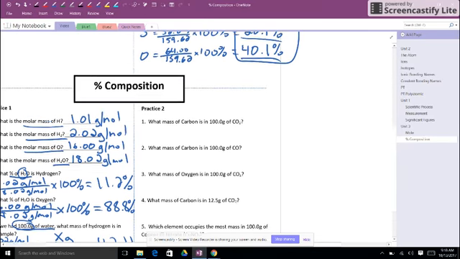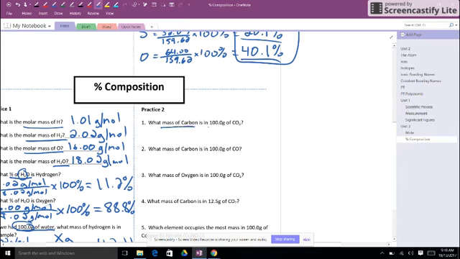Let's keep practicing. What mass of carbon is in 100 grams of CO2? So carbon is 12.01. We look at 1 carbon plus 2 oxygens, and that total is 44.01. So let's do 12.01 for carbon divided by 44.01 for the CO2 equals X grams over 100.